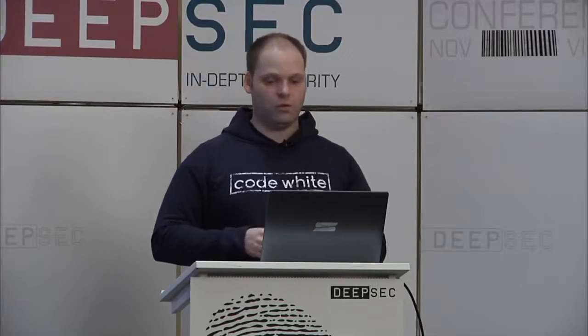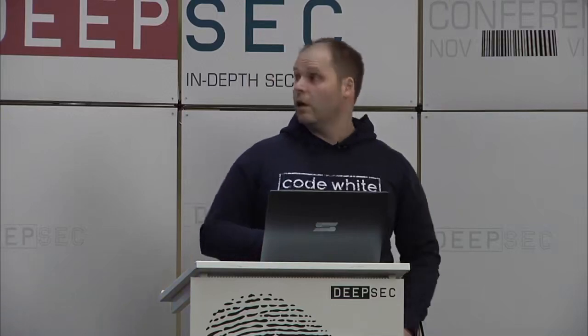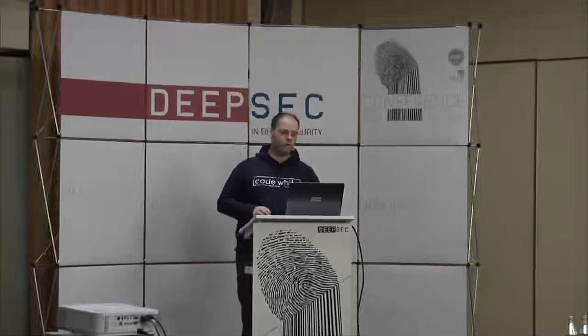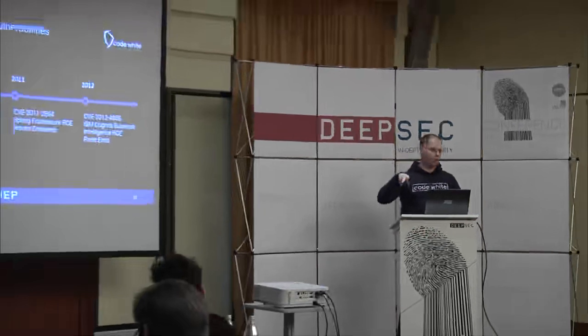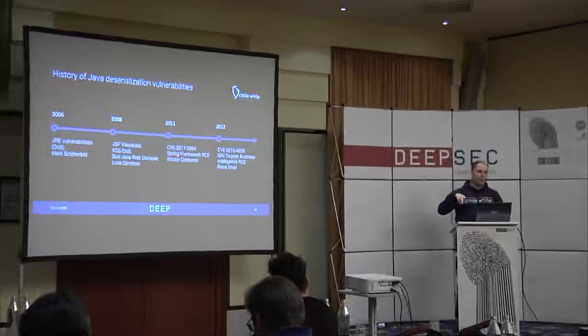And you might think, okay, sounds reasonable, this should be known for years. No, it's not. If you look at the timeline, the first one who was ever talking about deserialization vulnerabilities was Mark Schoenefeld, one of the godfathers of Java security. He was able to create a denial of service attack by sending a serialized object which implemented more than 32,768 interfaces.